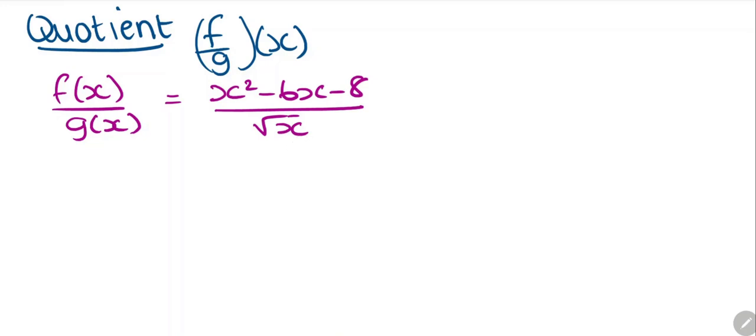So it's got to be greater than. So x must be greater than 0. So this time our domain is going to not include 0, but it's going to be all the values to infinity.